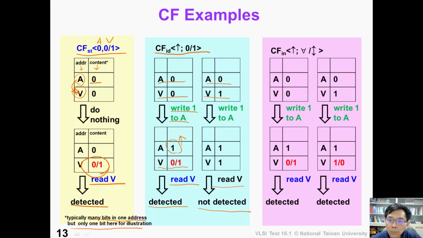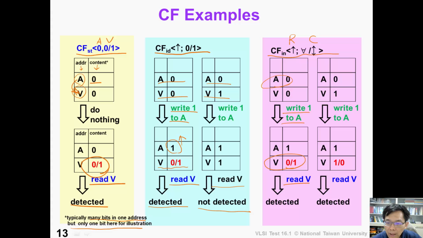The second example shows a CFIN. When the aggressor cell is having a rising transition, the victim cell will be complemented. So when we write a 1 to the aggressor cell, we activate the fault, and the victim cell would be flipped.